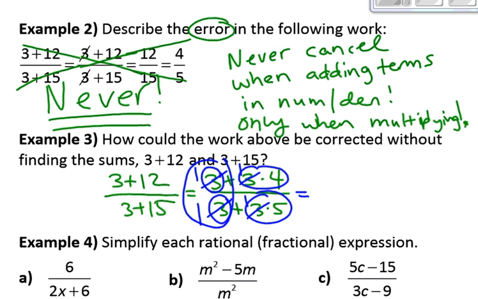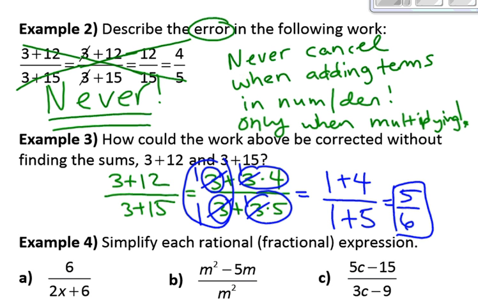They become 1 plus 1 times 4 over 1 plus 1 times 5. You see all my 3's canceled, but when they cancel, they don't go away. We're left with a 1. All right, so then we have 1 plus 4 is 5, and 1 plus 5 is 6. Okay, you'll see kind of that later and how that will affect our later examples.